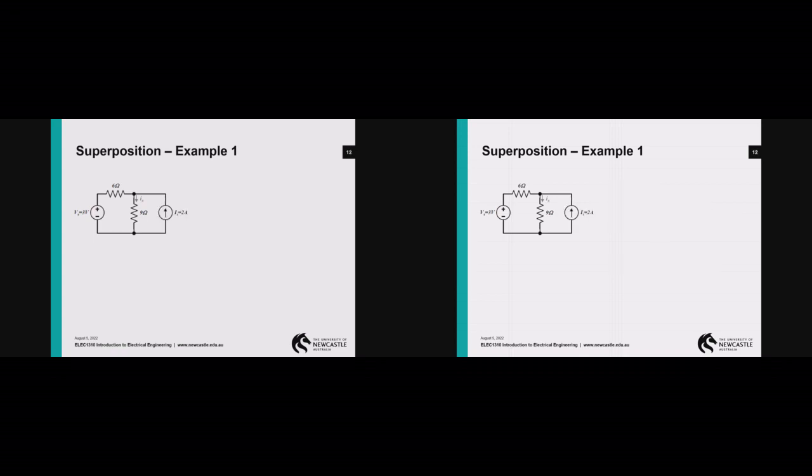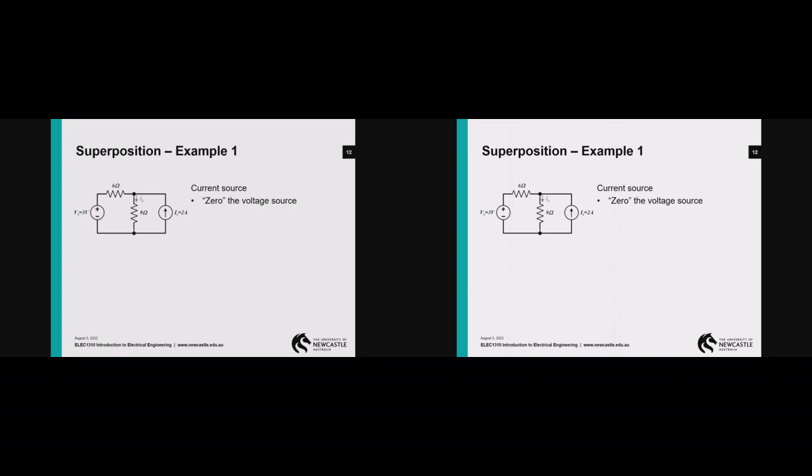All right, so I go back to my circuit and now I say, what is the current through the 9 ohm resistor due to the current source? Again, the thought process is that I would need to zero the voltage source. How do you make sure something has 0 volts across it?